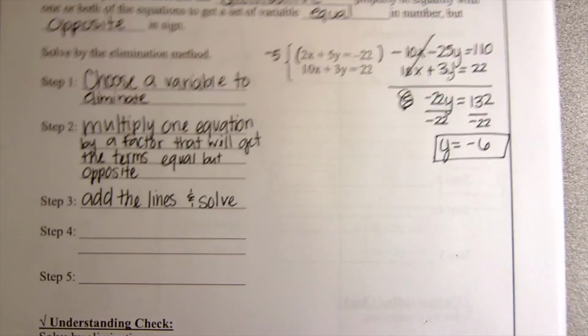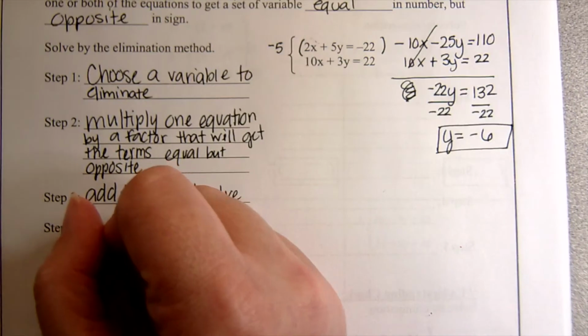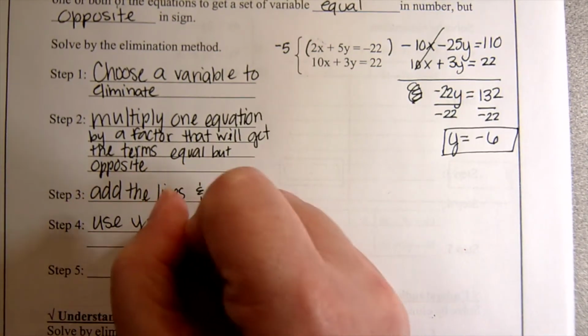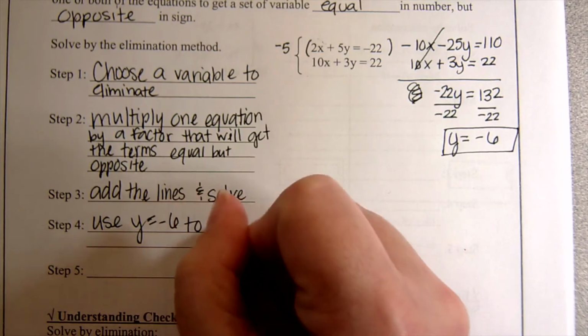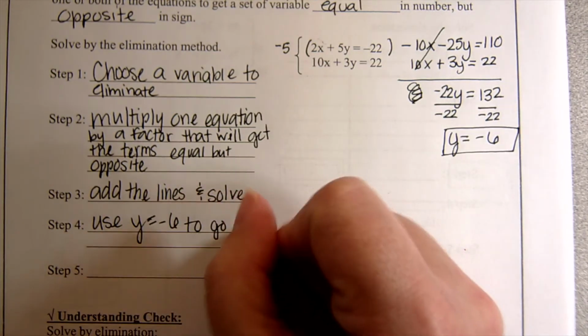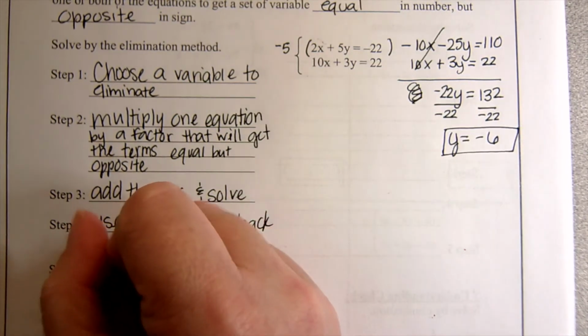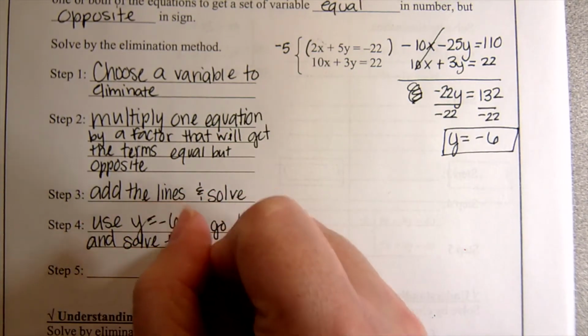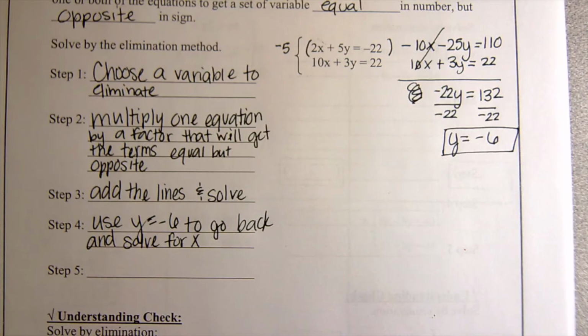Step 4, use y equals negative 6 to go back and solve for x. So again, this is the same thing we did yesterday.